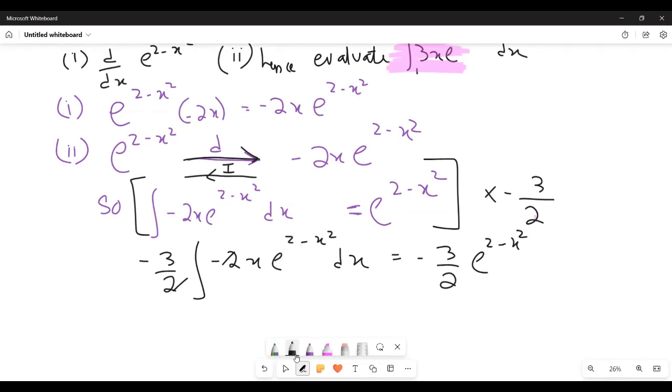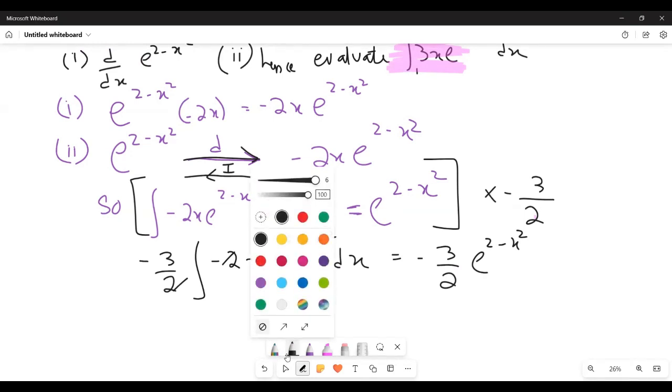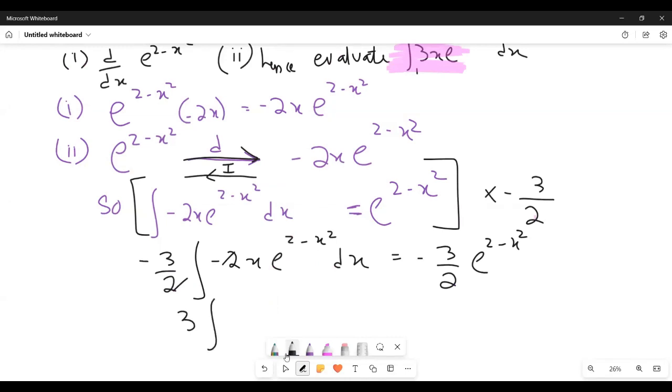Then we'll be left with 3 times the integration of x e^(2 - x^2). You may send 3 inside the integral sign or keep it outside, it implies the same thing. And then the answer is equal to -3/2 e^(2 - x^2).